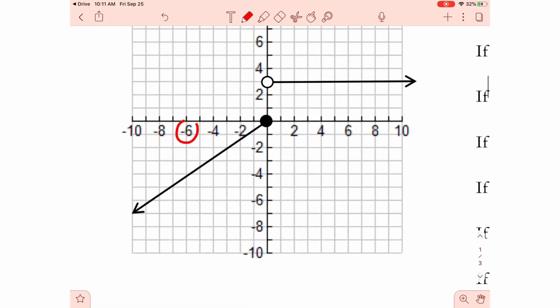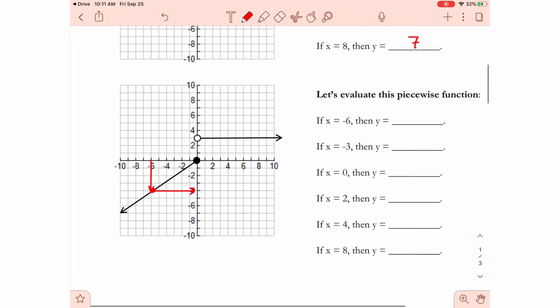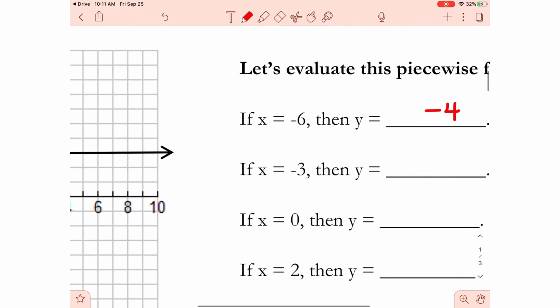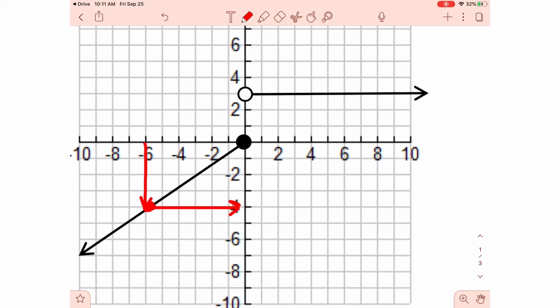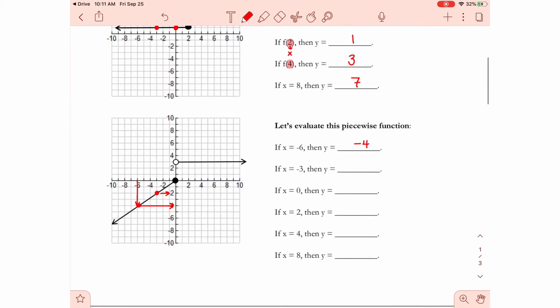So here's x equals -6. What is the y value? On the graph, it's down here at -4. If x equals -3, -3 is right here. So we go to the function, and the y value is -2.